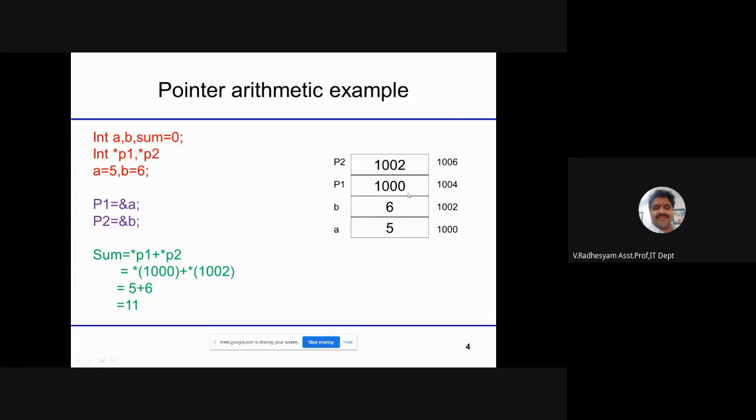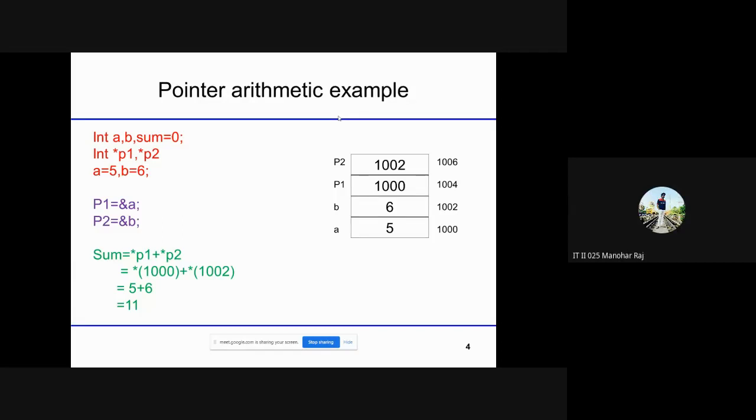If you consider P3 and P4, P3 holding 1001 and P4 holding 1006, then P3 and P4 are called double pointers.